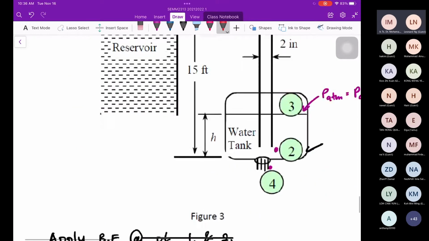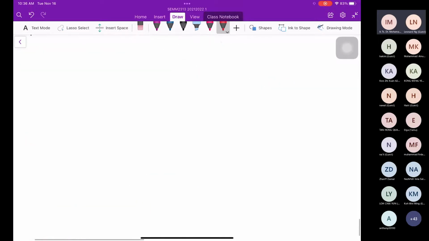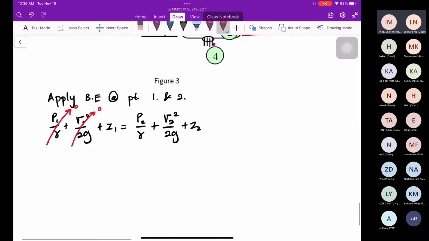And Z2, you can see, let's consider Z2 as our reference point. So Z2 equals 0.